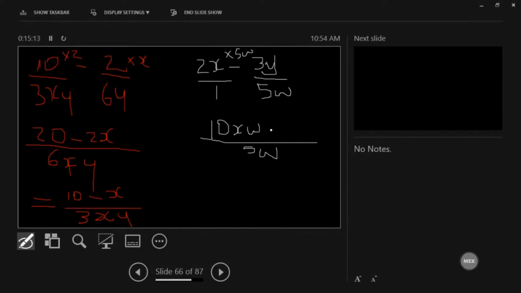And 5w into itself goes 1 time. And 3y times 1 is 3y. And that's our answer because we can't simplify this any further. This is as simple as it gets.